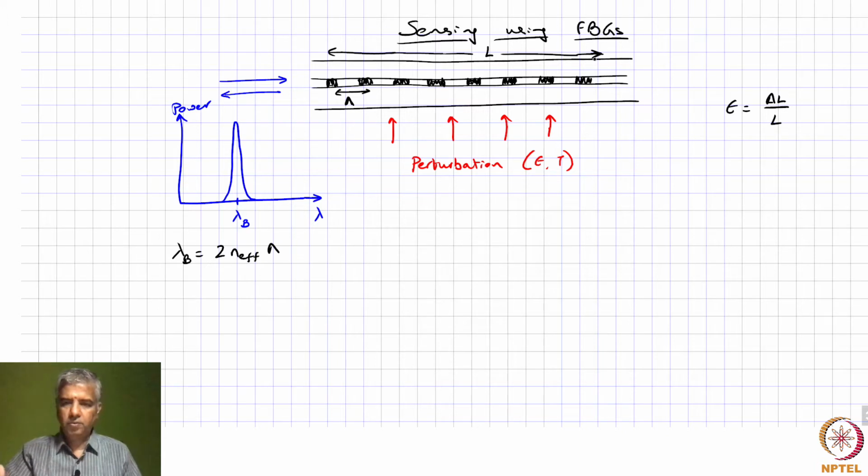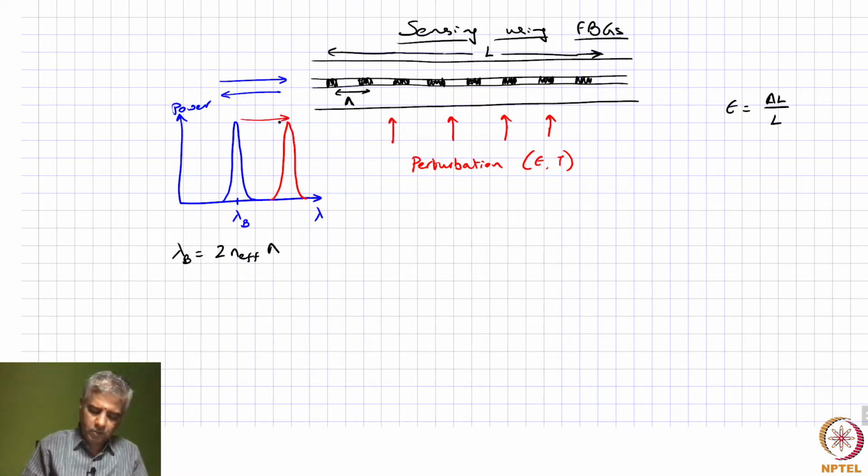And of course we know that you can apply temperature, and that can also cause a change in the Bragg wavelength. But whichever way you look at it, let's say we have this grating shift to a new wavelength from this point.